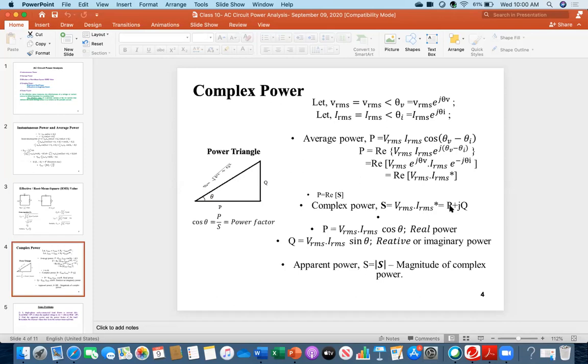So I have written that P, the average power, is the real part of that capital S, the complex power. Now I have represented this complex power in rectangular form.